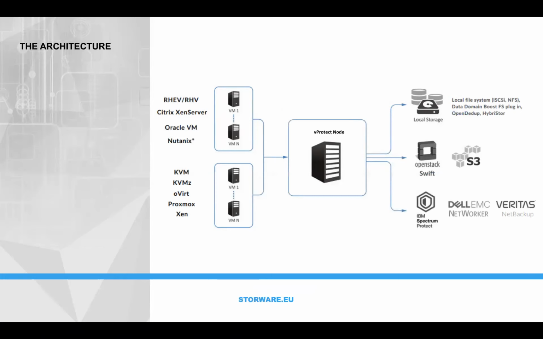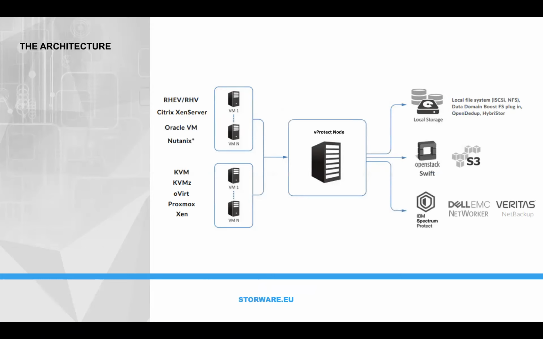Of course, most of them are based on the Xen project and the KVM project itself. In the middle, you have a vProtect node. You will see later on that we have an architecture made up of nodes and the server itself. And on the right, you see the different kinds of backup destinations that we can address today.